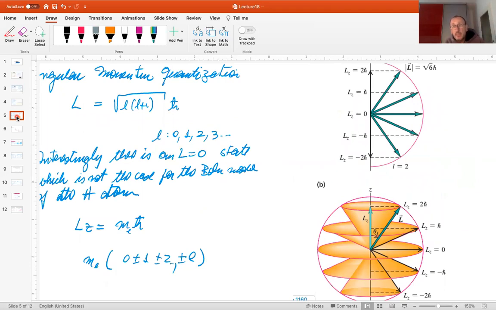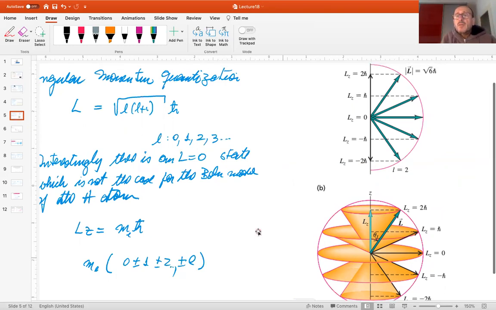In the diagram to the right, what I'm showing is a diagram for an angular momentum where the value of l is 2. So it's 2 times 3, so it's the square root of 6 times h bar. That would be the maximum value of the momentum for this particular thing.